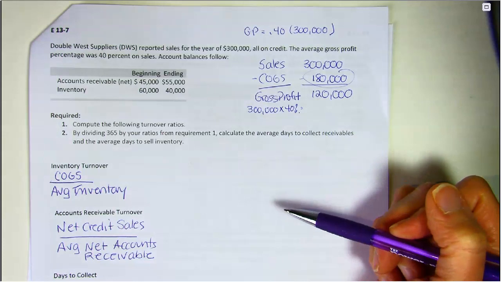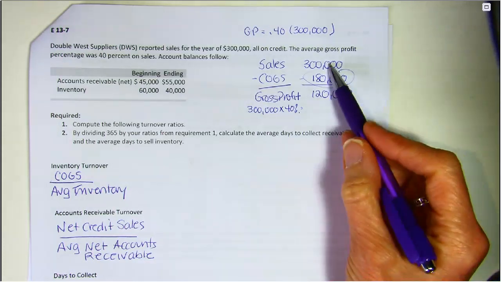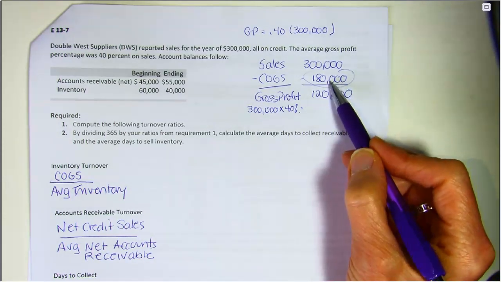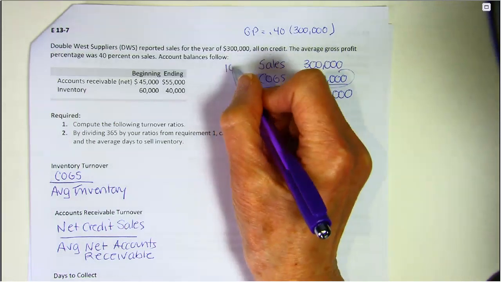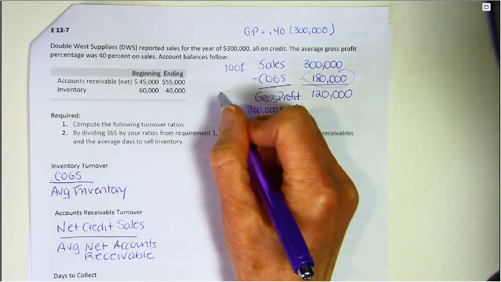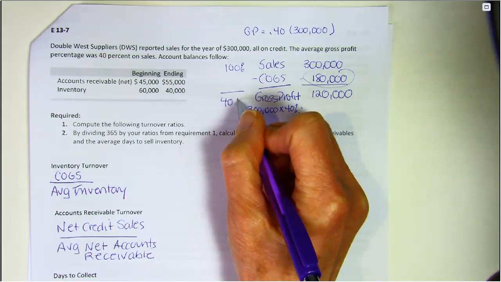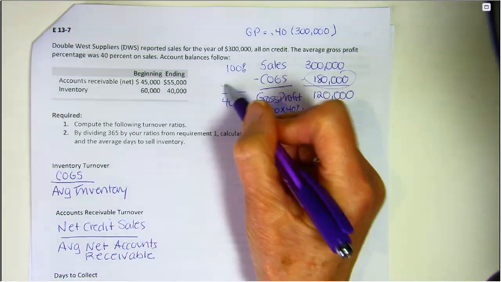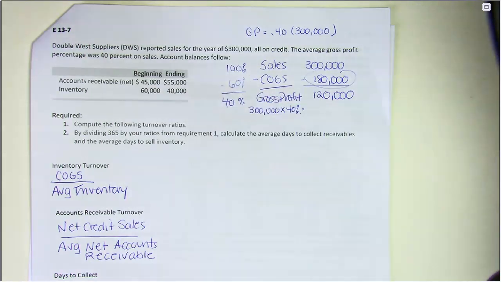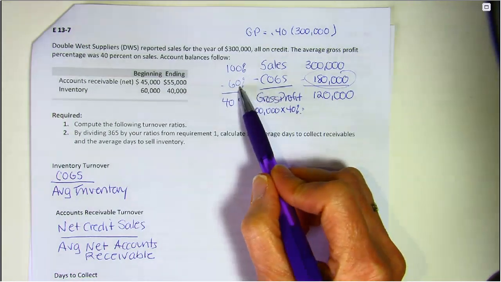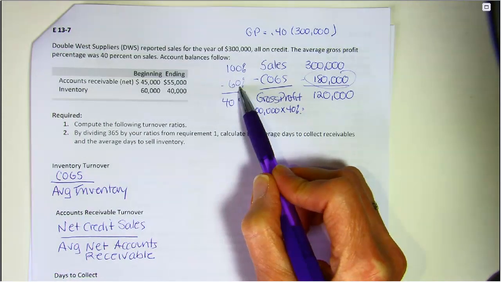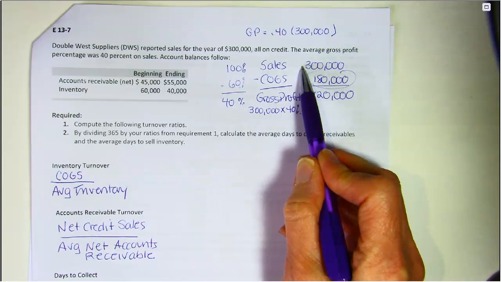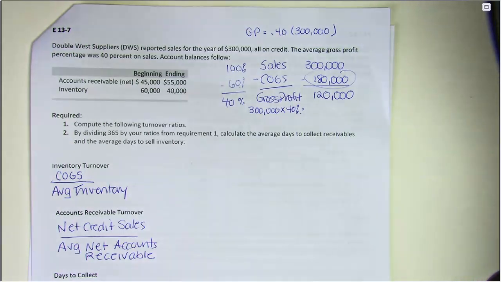And if you multiply 60% times 300,000, you get 180,000. That's if sales are set to 100% and gross profit is set to 40%. That would show 60% of sales is cost of goods sold, and you would simply then multiply 60% times 300,000 to get the 180.